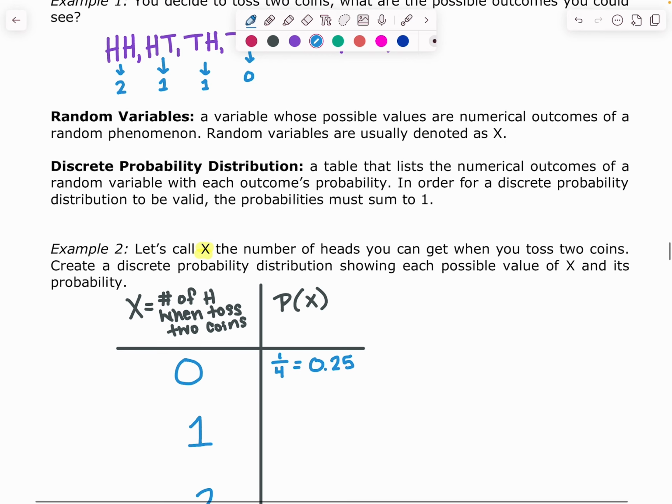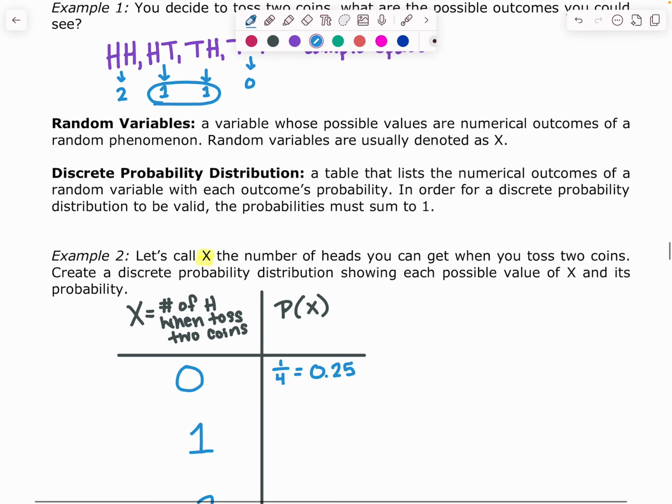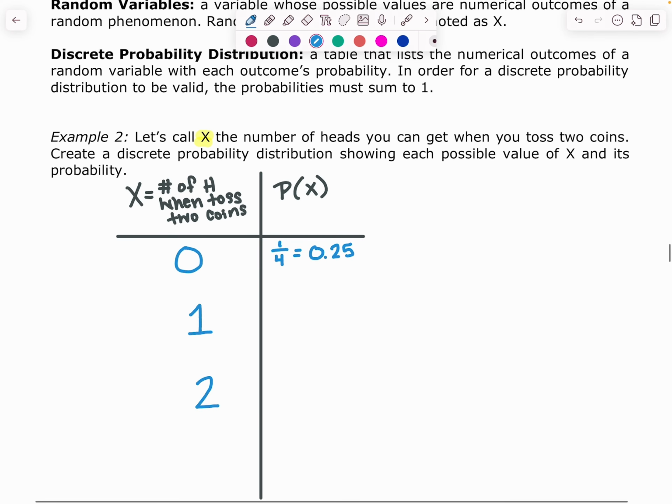The probability of 1 head, there were 2 of those, these 2 right here. So that's 2 out of 4, or 0.5. And then the probability of 2 heads was 1 out of 4, or 0.25.